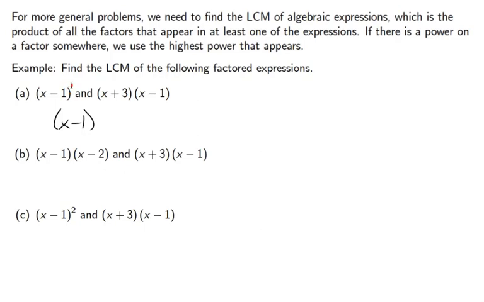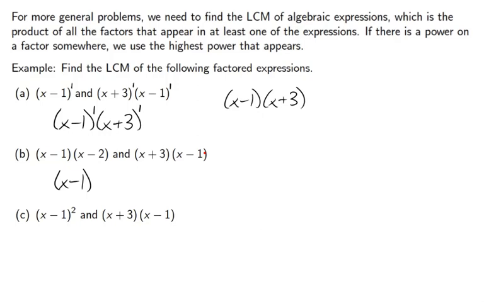This one has a power 1, and this one has a power 1, so I'll keep the power 1. Now let's look. Are there any more? Yeah. X plus 3. And there's a power 1 on that one also. So our LCM would just be x minus 1 times x plus 3. Let's do another. I see x minus 1 in this one.